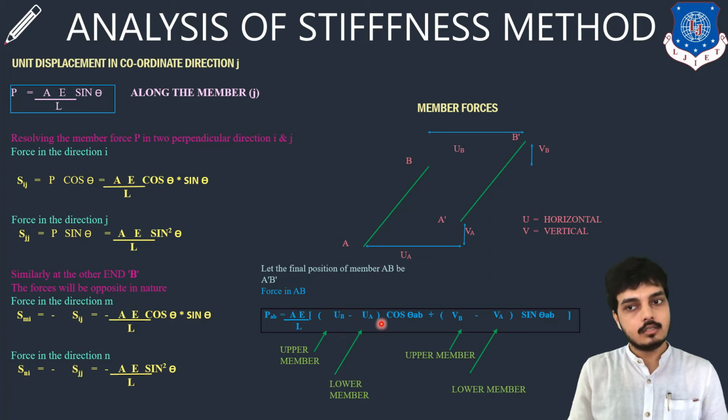So UB minus UA into cos theta AB. For horizontal we are taking the cos function, and for vertical we are taking the sin function. So UB minus UA cos theta AB plus VB minus VA sin theta AB. Now remember that first of all we have to keep the upper joint and then the lower joint. So by this we find out our member force.